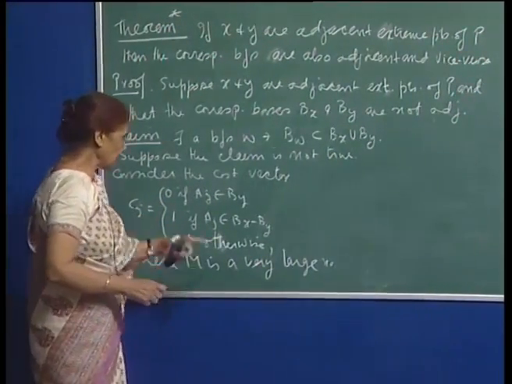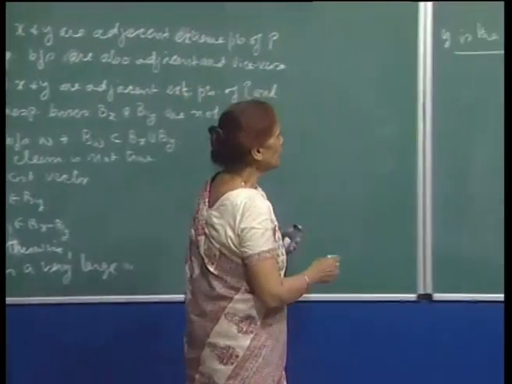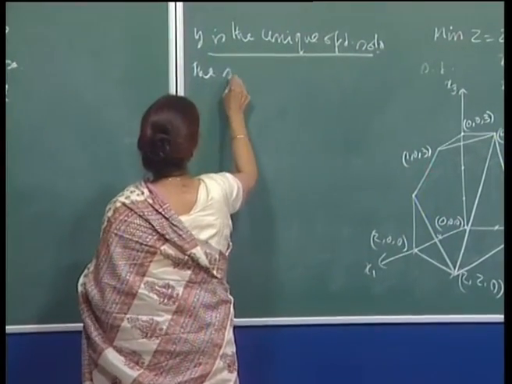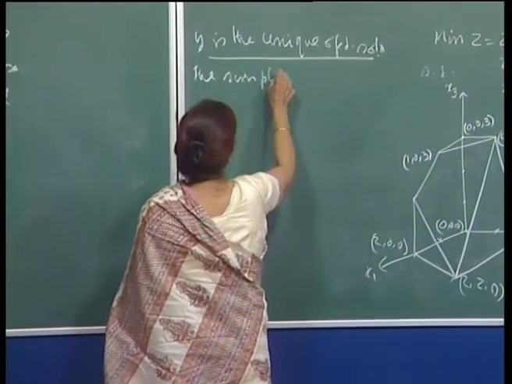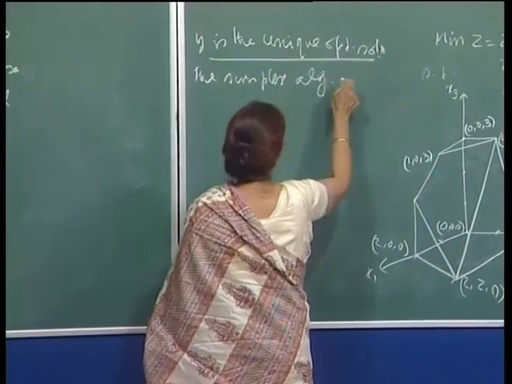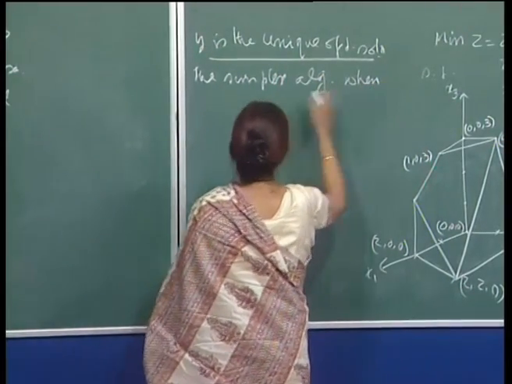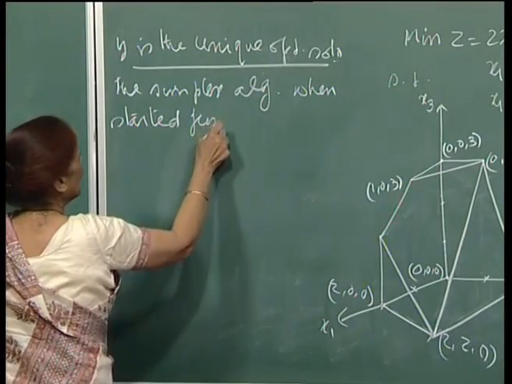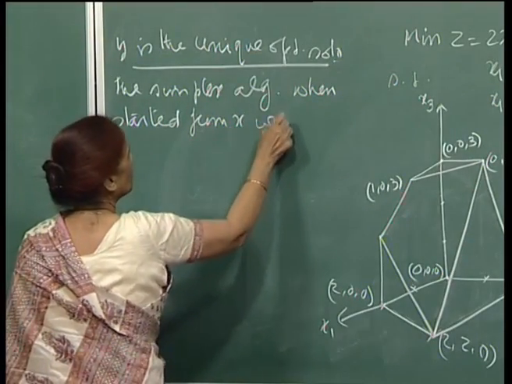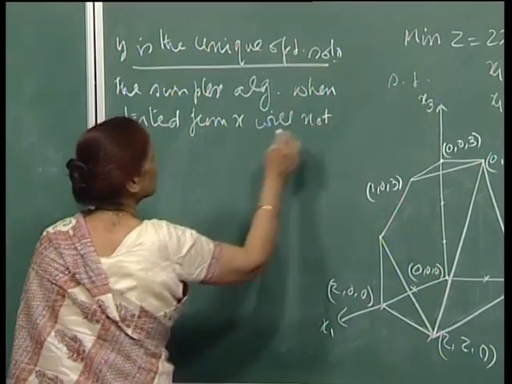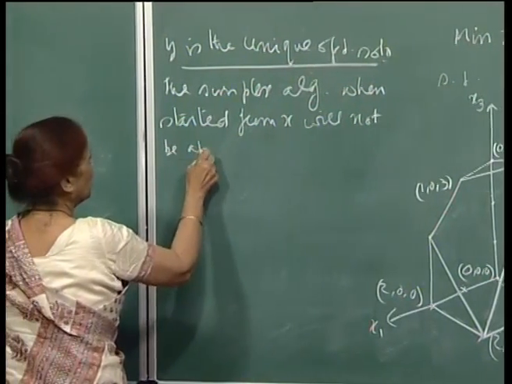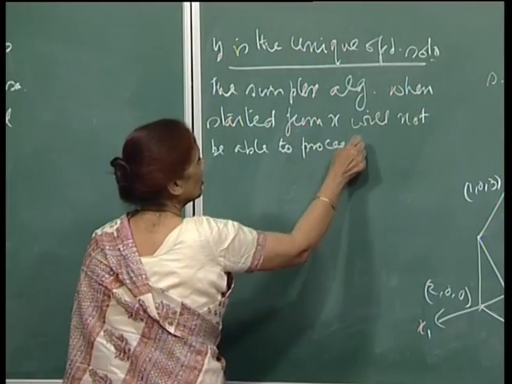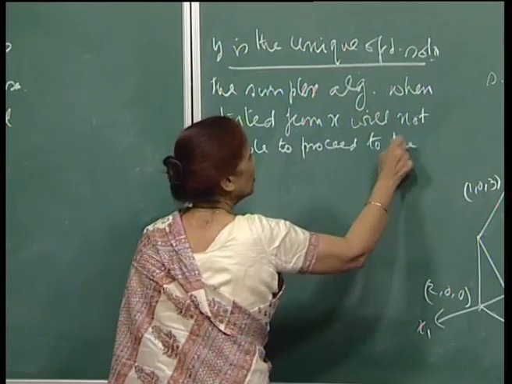Let me write it down: y is a unique optimal solution, and the simplex algorithm when started from x will not be able to proceed to the unique optimal solution.